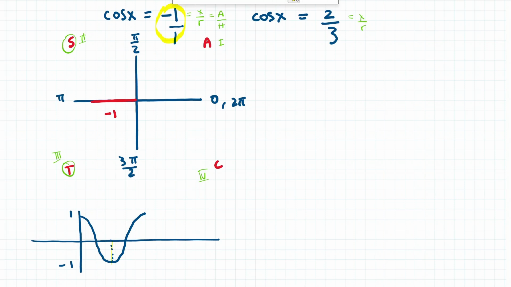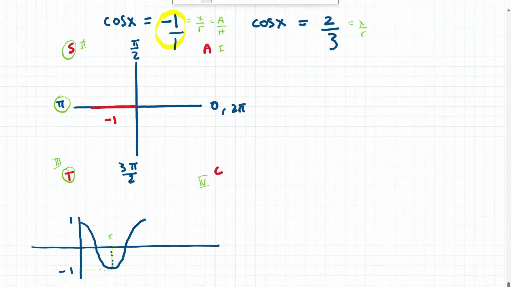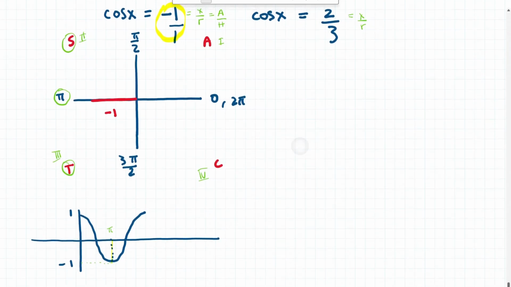Well, this occurs at an angle of pi, which is exactly what we can see here, because the line lies on pi, and we can see that it reaches this value of negative 1 when x is equal to pi. So that is one of our answers. We'll say x1 equals pi. There we go. We've solved for one of the values, and this also falls within our domain.